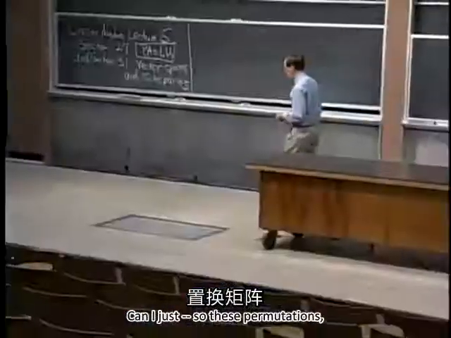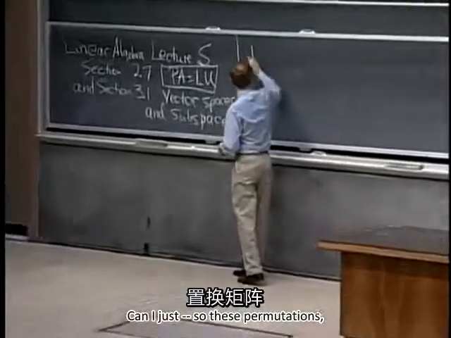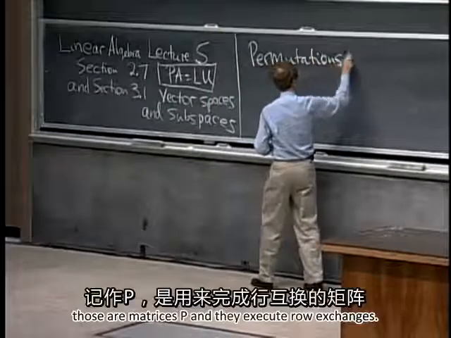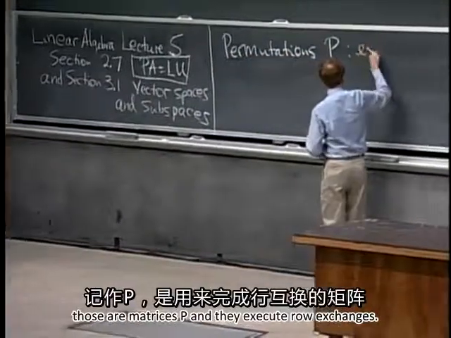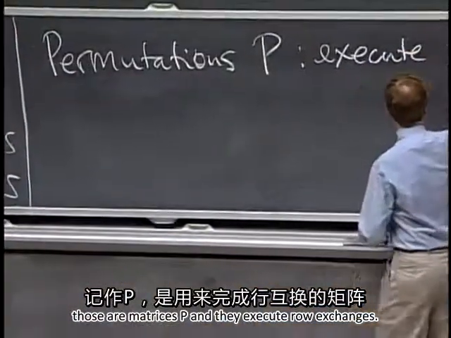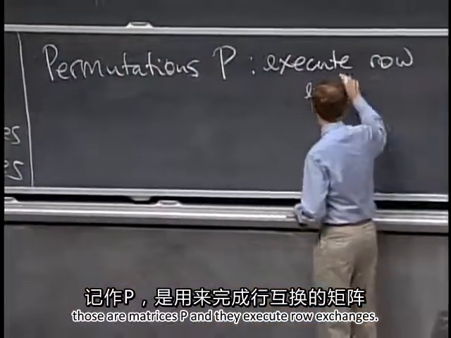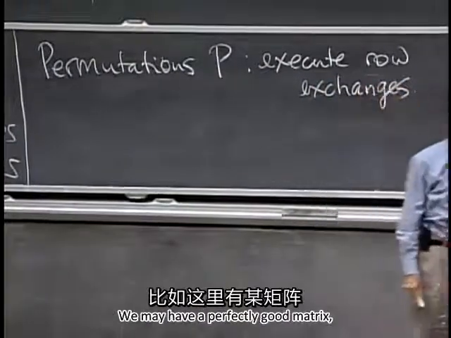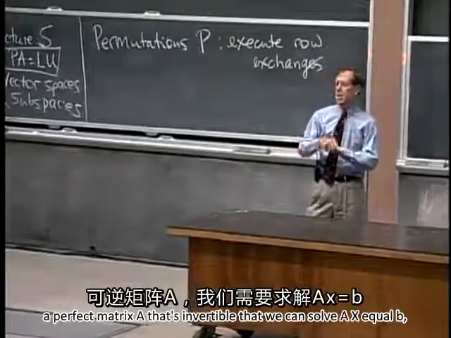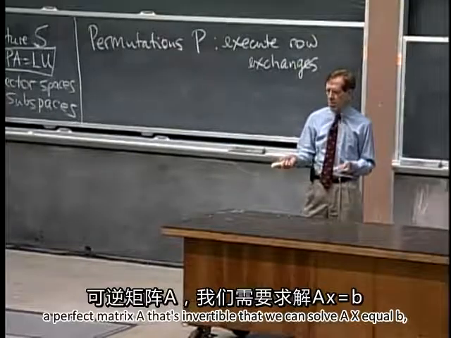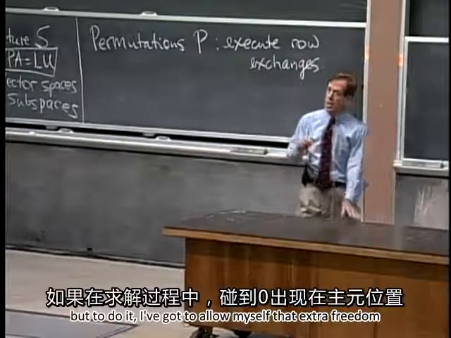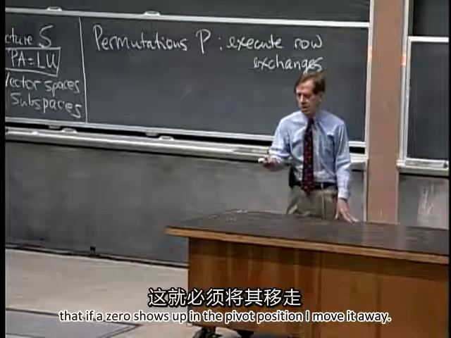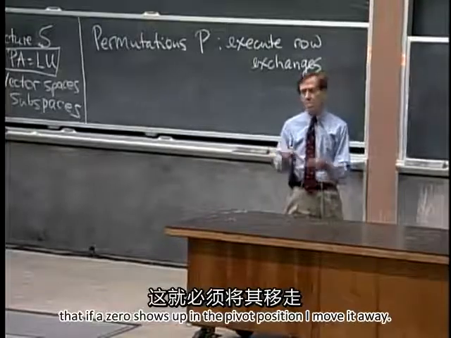These permutations, those are matrices P, and they execute row exchanges. And we may need them. We may have a perfectly good matrix A that's invertible, that we can solve Ax equal b. But to do it, I've got to allow myself that extra freedom that if a 0 shows up in the pivot position, I move it away.